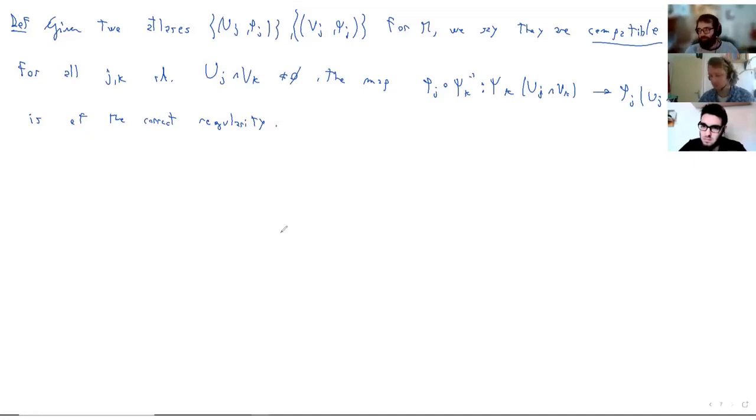I hope you know what I mean by this. Now I made the mistake of using k here. But if the two atlases are C^L for some L, then you want this map to be C^L. Okay.